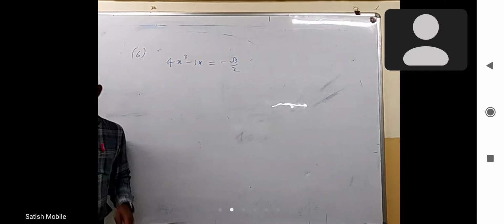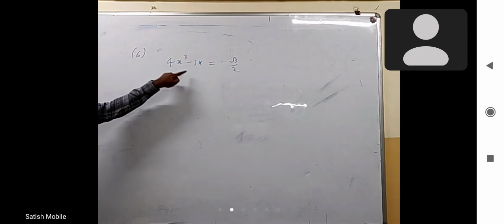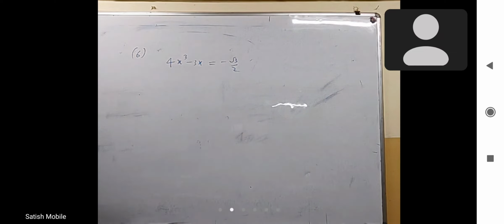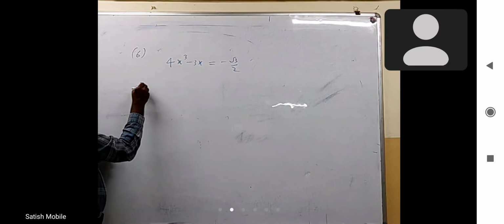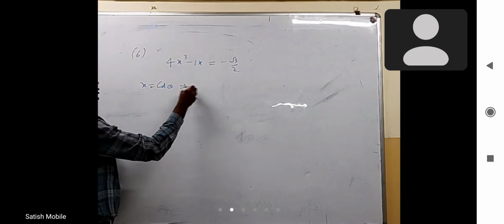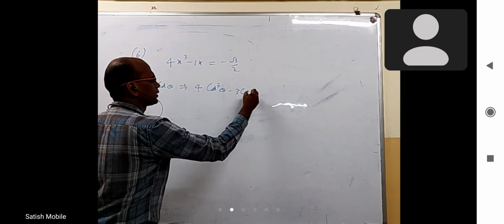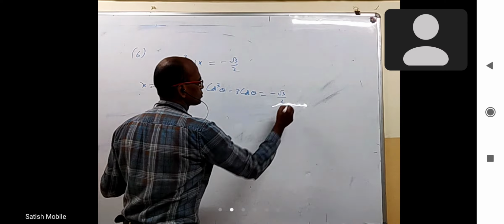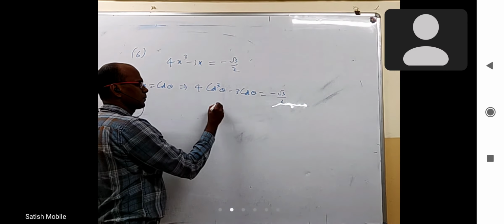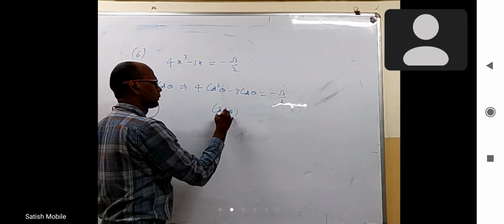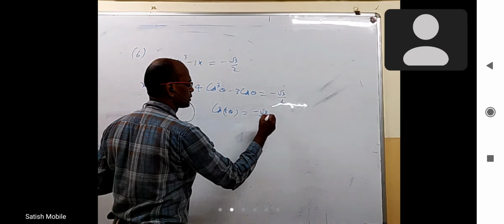As soon as you see this 4x cube minus 3x, you should be reminded of the cos 3 theta formula, 4 cos cube theta minus 3 cos theta. You take x equal to cos theta, you will get 4 cos cube theta minus 3 cos theta is minus root 3 by 2. And what is this? Cos 3 theta is minus root 3 by 2.